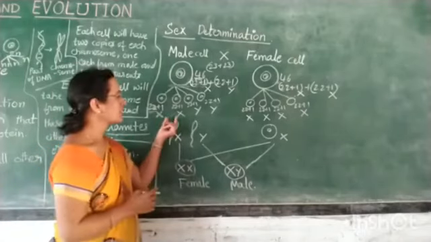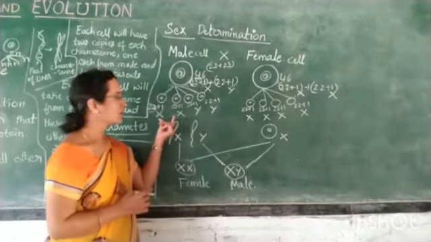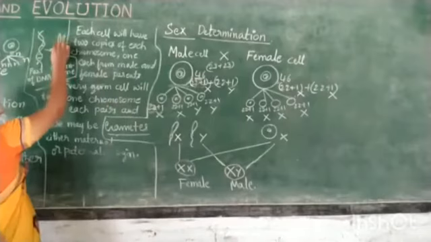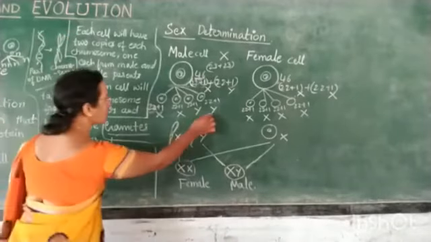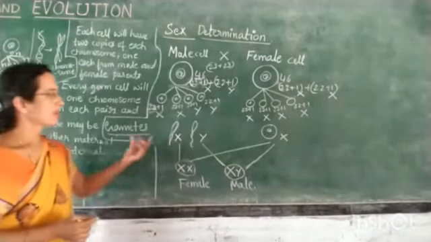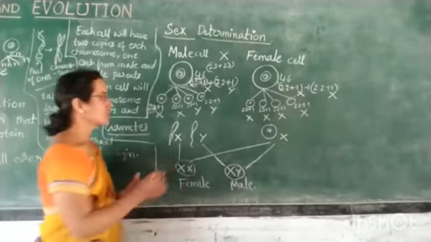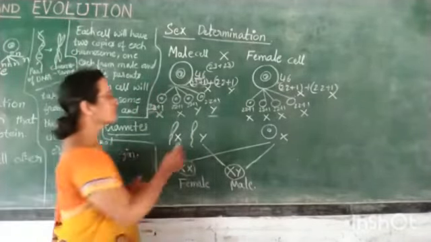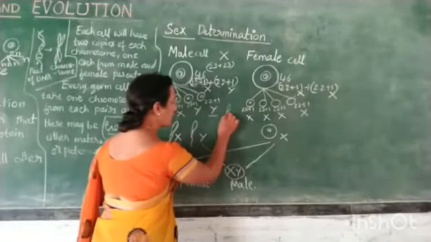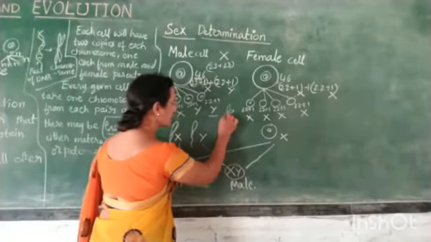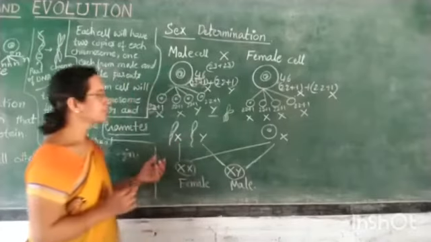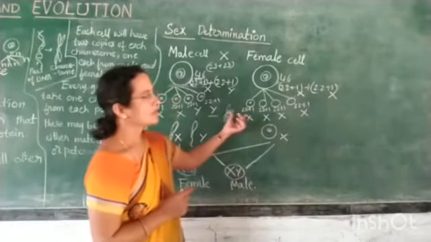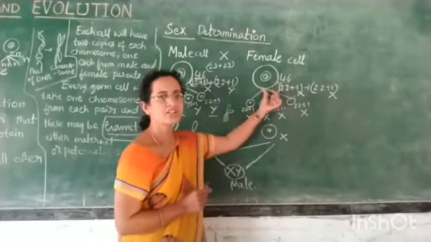The X chromosome looks normal, whereas the Y chromosome is of a short nature. It does not look like a normal chromosome, as somewhat the chromatin part is little shorter.